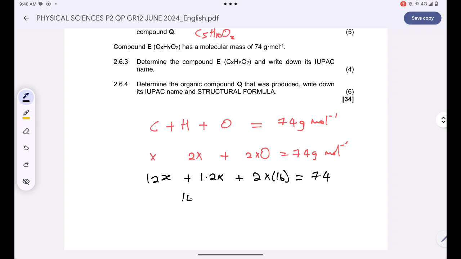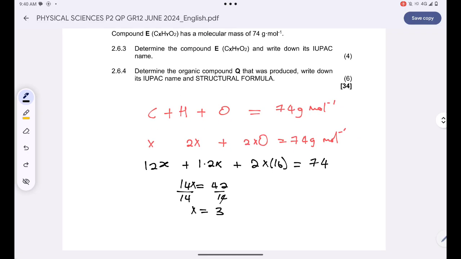So 12x plus 2x is 14x, and 74 minus 2 times 16 is 42. If I divide both sides by 14, then x is basically equal to 3.